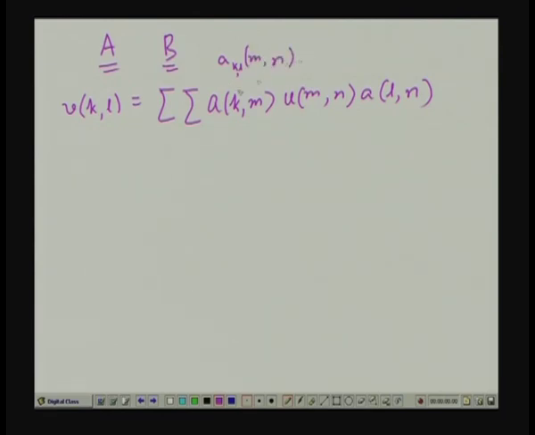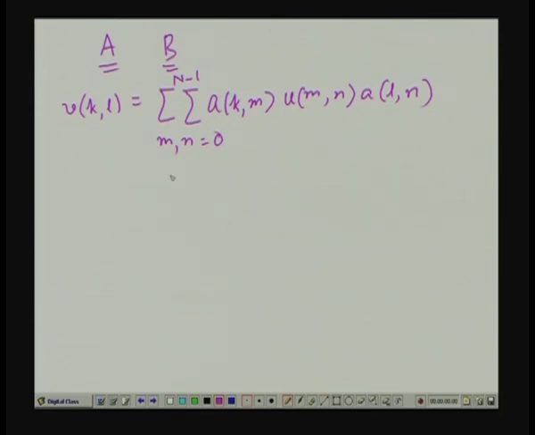Now this a_klmn we are separating into two components, one is a_km and the other is a_ln, and this is possible because the matrix A we are considering is a separable matrix. So, we can write v_kl in the form of a_km u_mn a_ln, where both m and n vary from 0 to capital N minus 1.